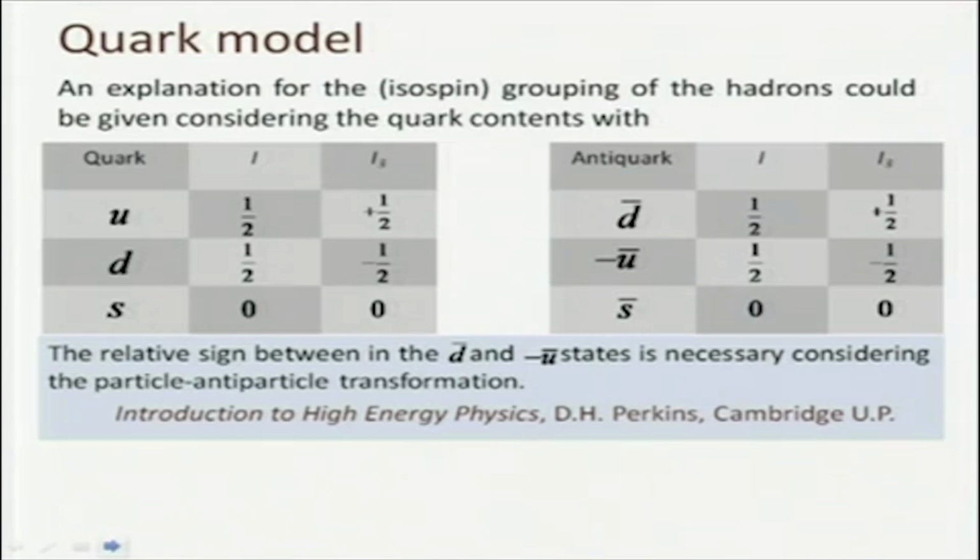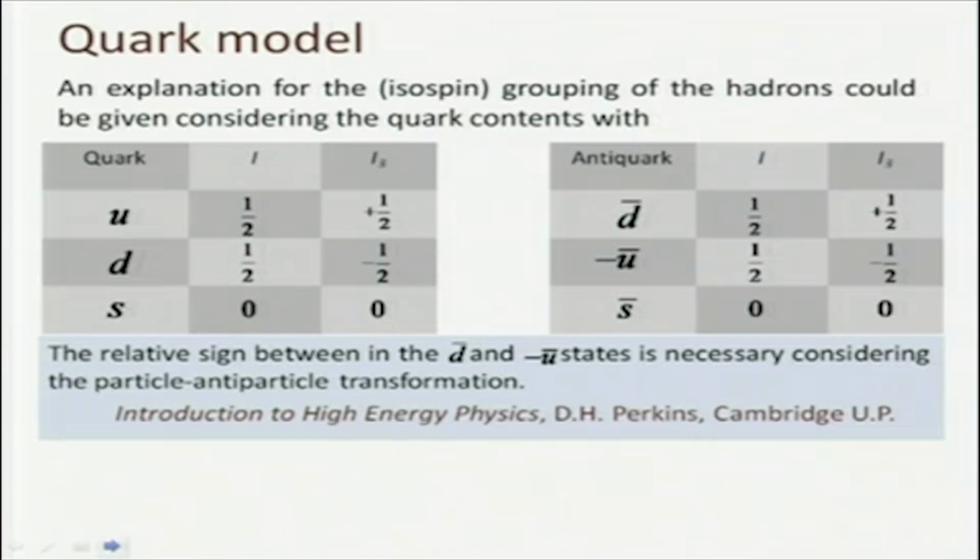If you look at the isospin of this particle, the transformation will tell you that U goes to U bar, and the isospin third component will go from half in the case of U to minus half in the case of U bar. One could also imagine the minus sign along with the D bar quark and a plus sign with the U bar quark relative to the U and D, but it is only the relative sign between D bar and U bar which is important.